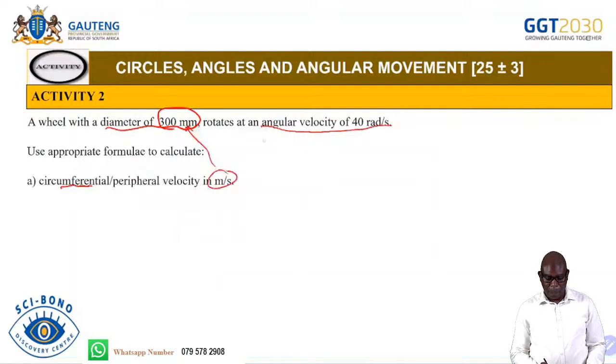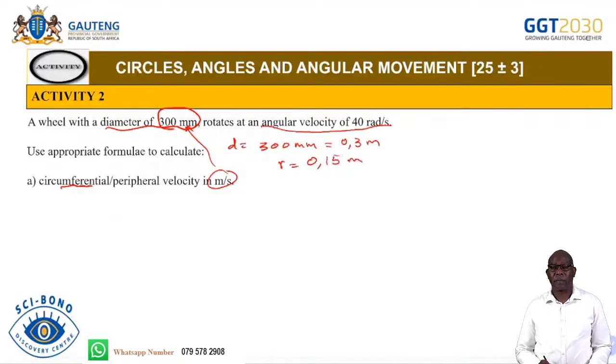Because it's a diameter, I must change the 300 millimeters to meters. So that's my diameter. Let me also write down the radius, if I need it. It will be 0.15 meters.